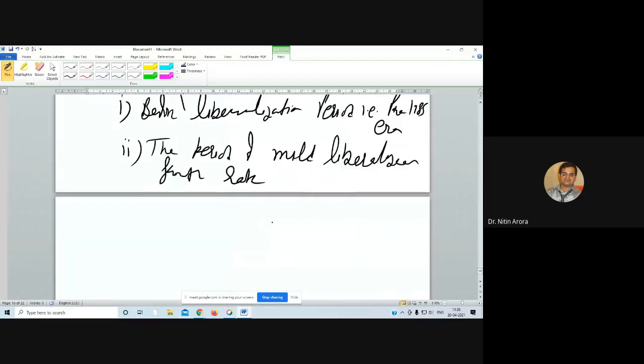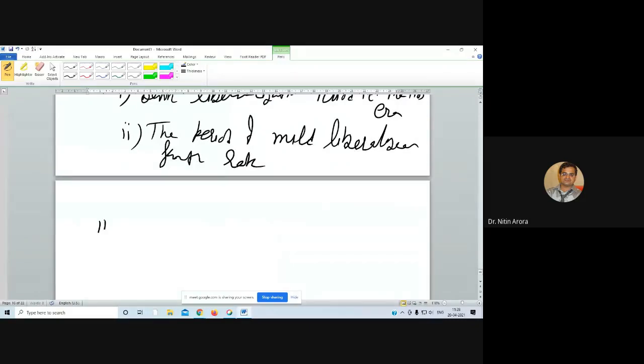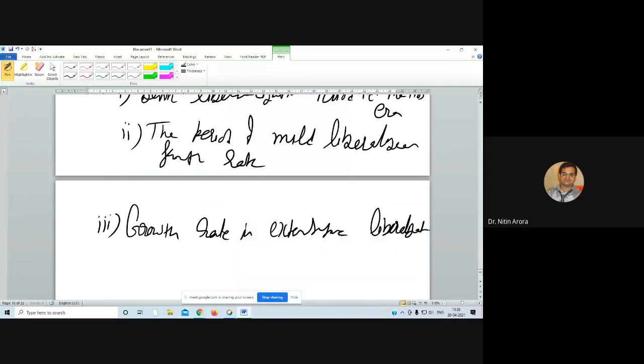And number three, growth rate in the extensive liberalization era, that is the post-1991 era.